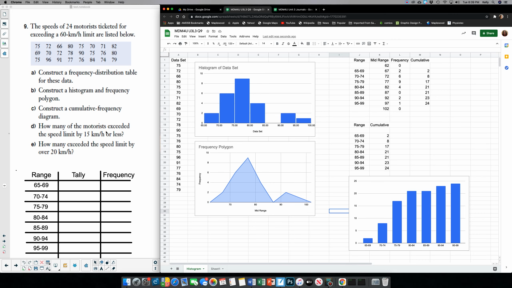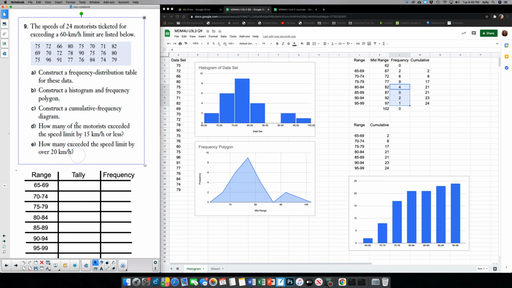So the answer for that would be 0. And how many exceeded the speed limit by over 20 kilometers an hour? Over 20 would be 80 or more. So that would be these 3 columns. Those are all the people who were 80 or more. So you just have to add these up. 4, 6, 7. So the answer to this here is 7.